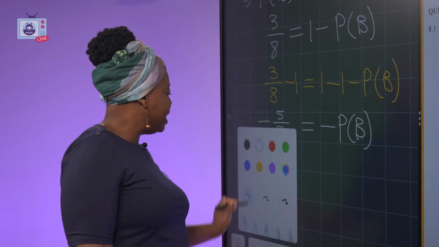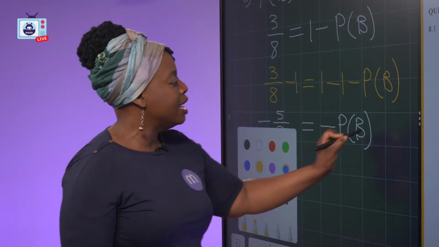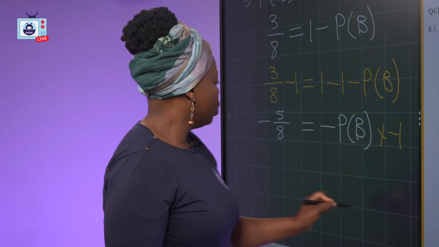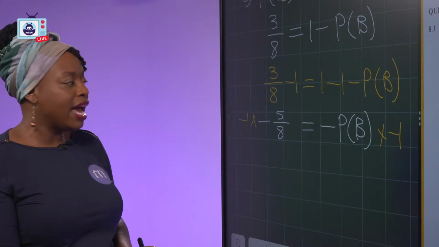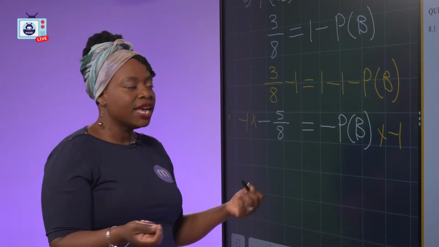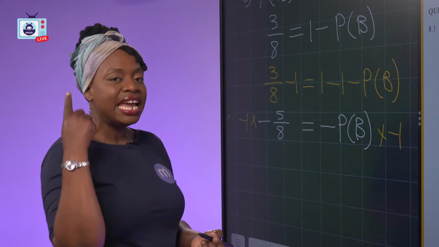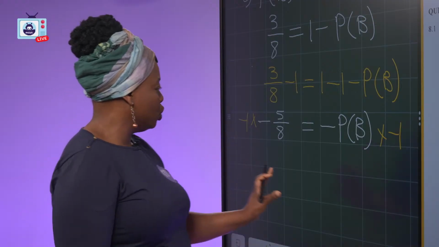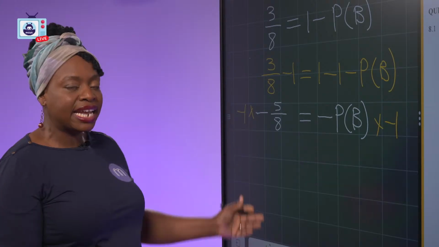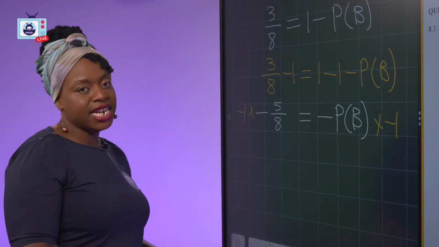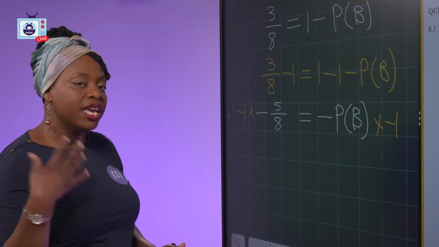So I'm going to multiply both sides by a negative 1 so that I can get rid of this. You can either multiply or you can divide, but then you will divide by a negative 1. Just choose whichever works for you, because a negative divided by a negative is a positive, and a negative multiplied by a negative is a positive.